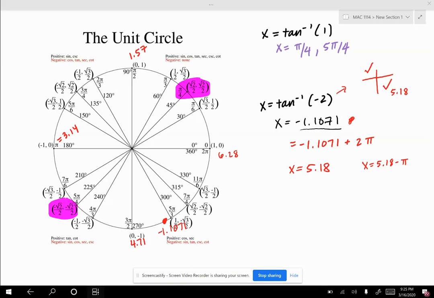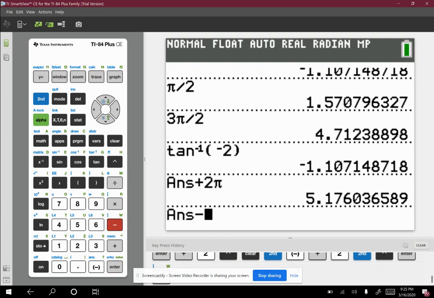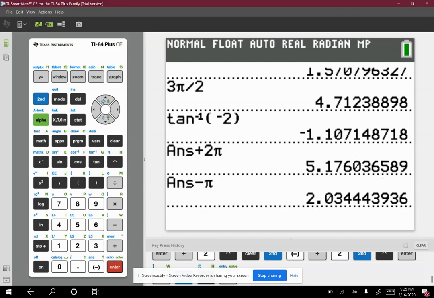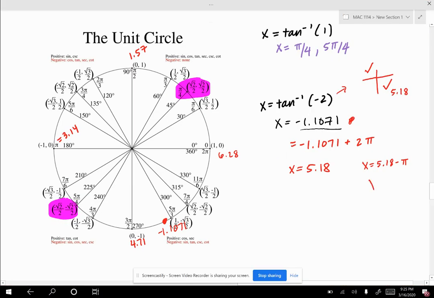Let's put that in the calculator. I'm going to recall the last answer and subtract pi from it. And that gives me 2.03. So there's my other one. My other answer is x equals 2.03. That would be the matching one in the second quadrant.